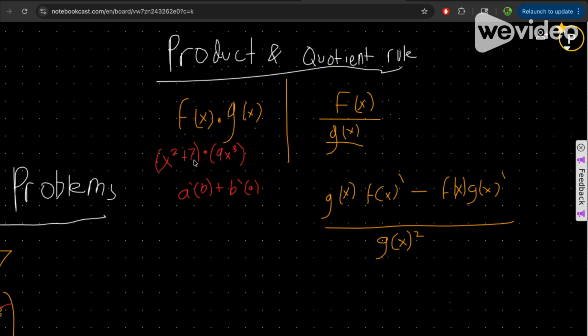A and b are arbitrary, you can switch them up. So how would you do this? First off, you use the power rule for these. So let's arbitrarily define x squared plus 7 as a, and 9x cubed as b.